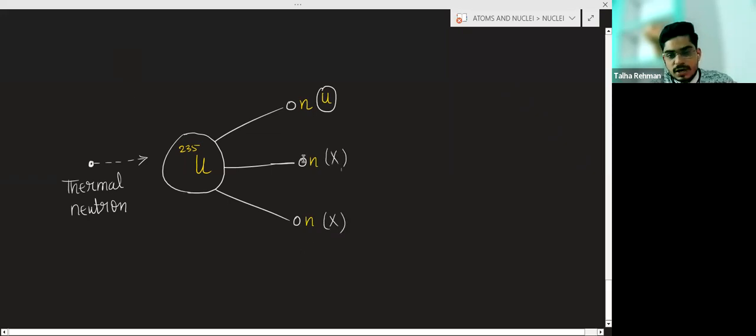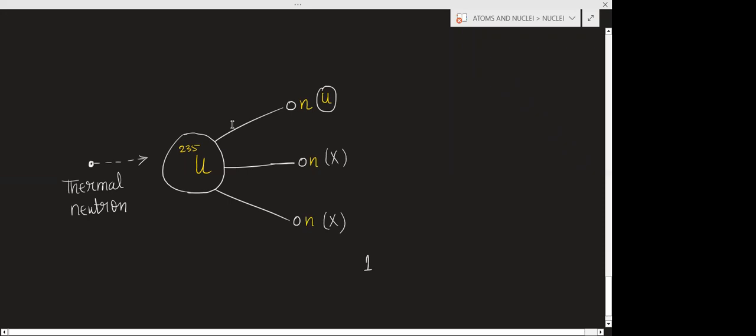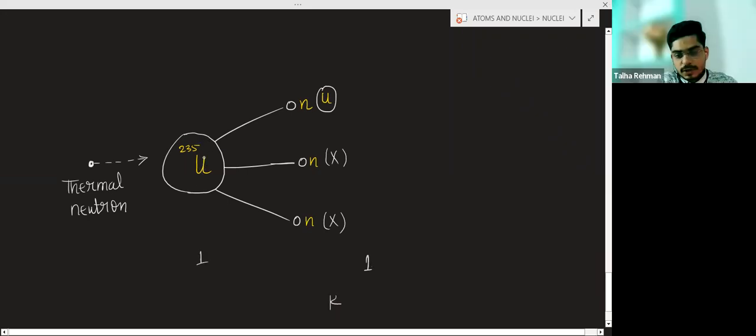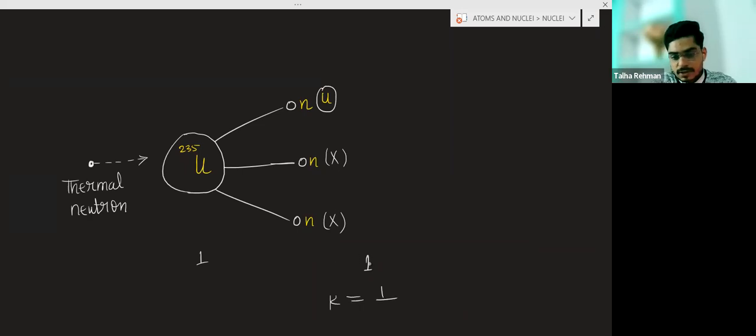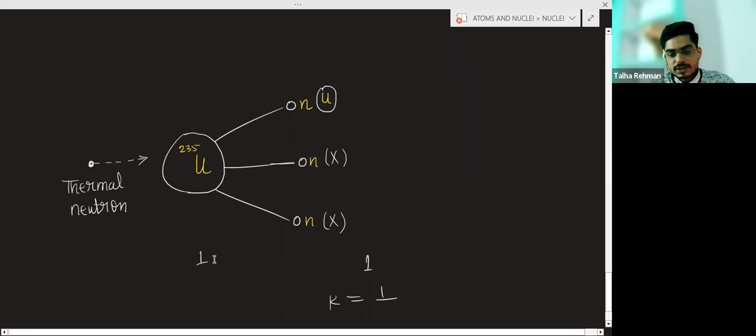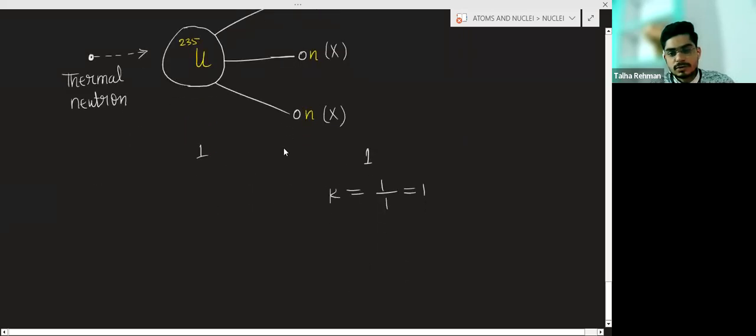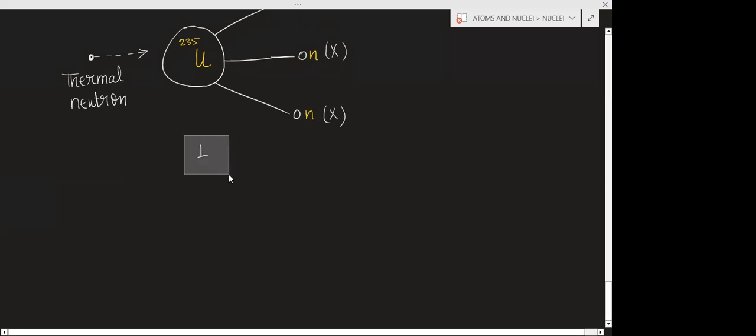Now these 2 neutrons are not doing fission. So how many fissions are in present generation now? 1. In previous generation, how many fissions are there? 1. So what is the value of the K? Number of fission in present generation, that is 1. Number of fission in the previous generation, that is equal to 1. 1 by 1 is 1. That is K is equal to 1. Understanding? Yes sir.